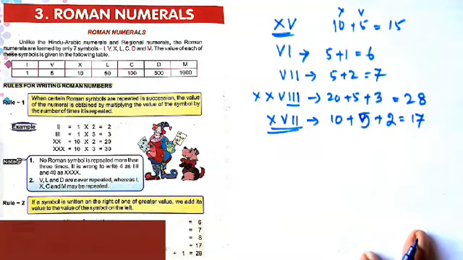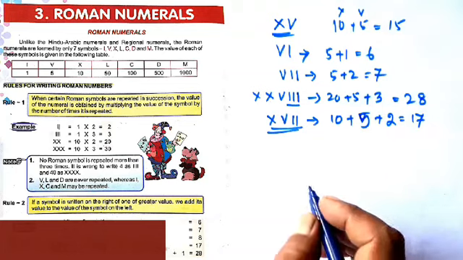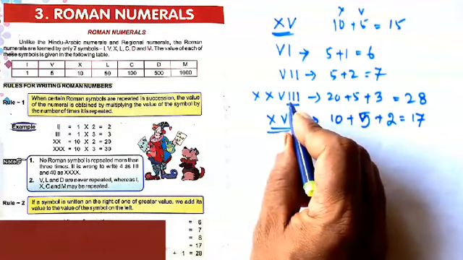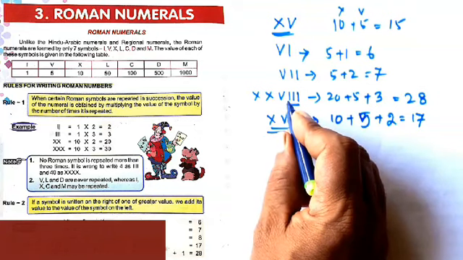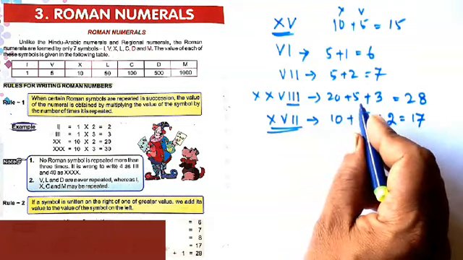Okay. Next rule, if a symbol is written on the left of one of greater value, we subtract its value from the value of the symbol on the right. Exactly opposite. Here, if we write the symbol on the right side, to get the value we add.